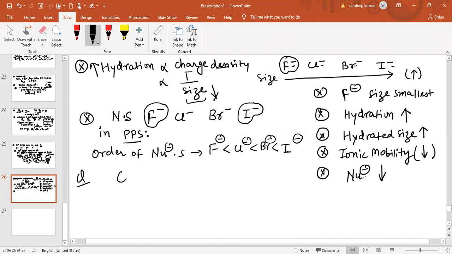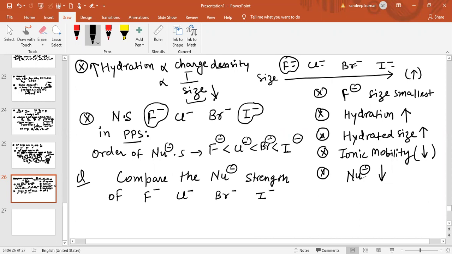If we have to compare the nucleophilic strength of F minus, Cl minus, Br minus and I minus in polar aprotic solvent.